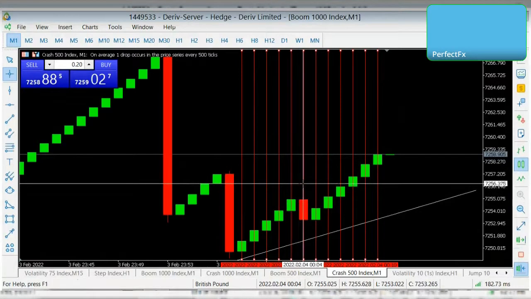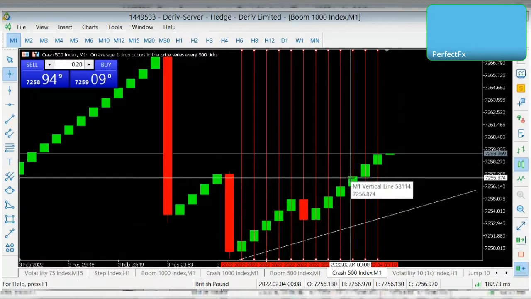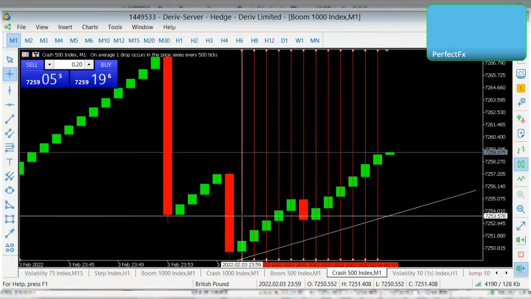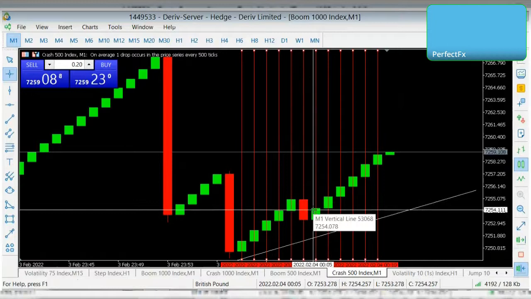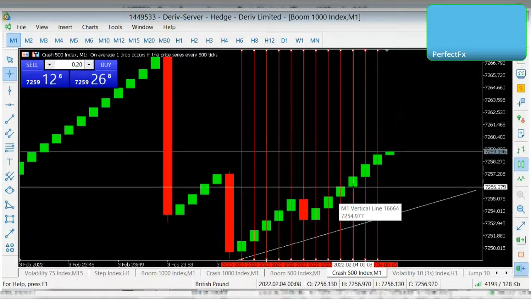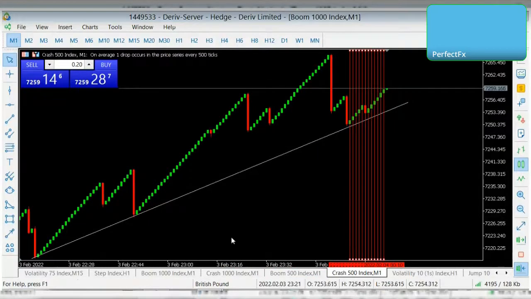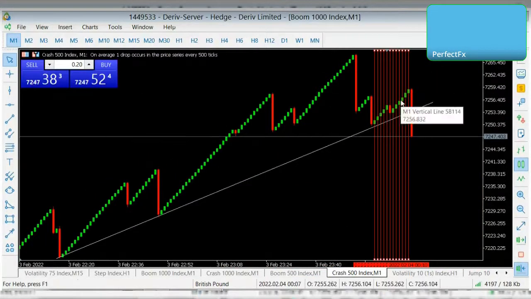Counting it is 1, 2, 3, 4, 5, 6, 7, 8, 9, 10, 11, 12. You have gotten your 10 candles and you would have exited the market. So even excluding this small bearish spike that happened, you would have still gotten your 10 candles and left the market.